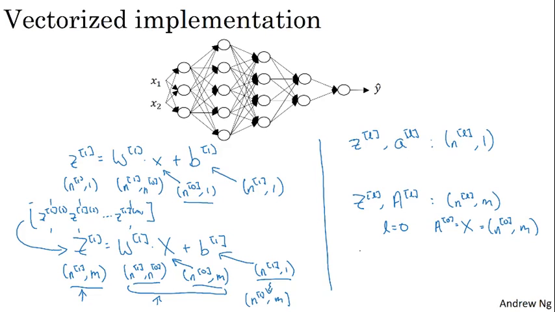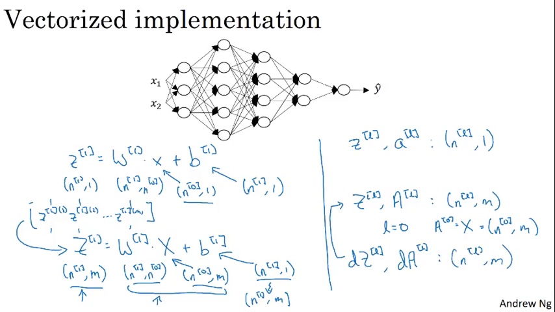And of course, when you're implementing backpropagation, we'll see later you end up computing dZ as well as dA, and so these will of course have the same dimension as Z and A.